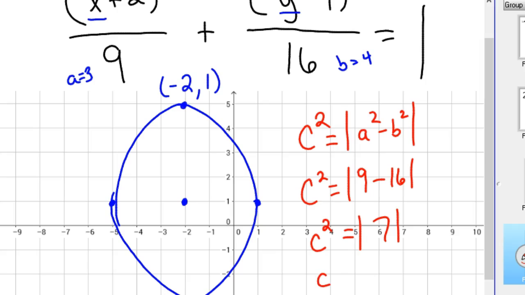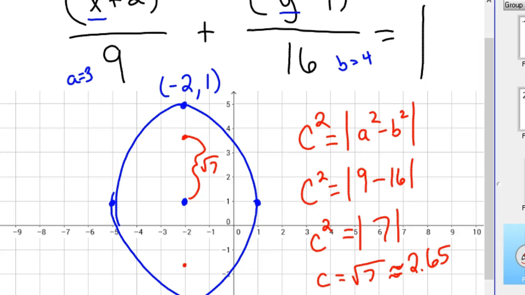And so c is equal to the square root of 7, which is about, since we're just getting a rough sketch of this thing, around 2.65. So since it's always the distance along my major axis, I'm going to go up about 2.65, so that's this distance here, and then down 2.65, so right there. So those are approximately where my two foci lie.